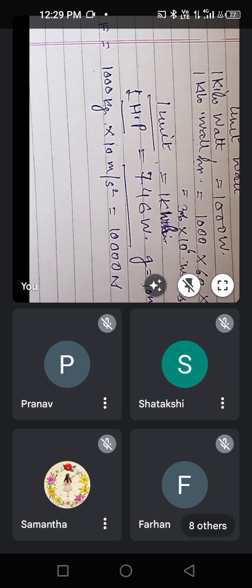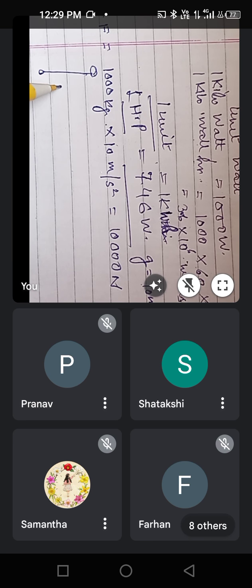Now, according to the question, the pump is lifting water from here to here, and this length is given.